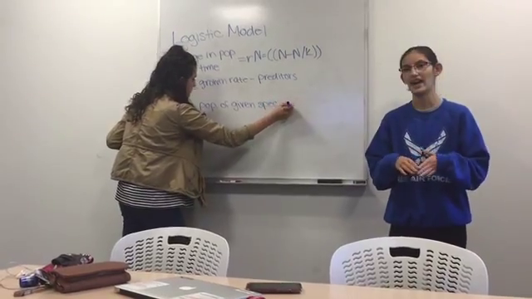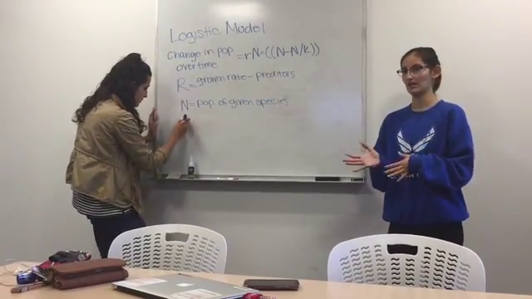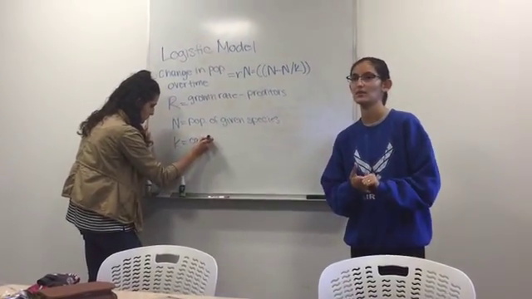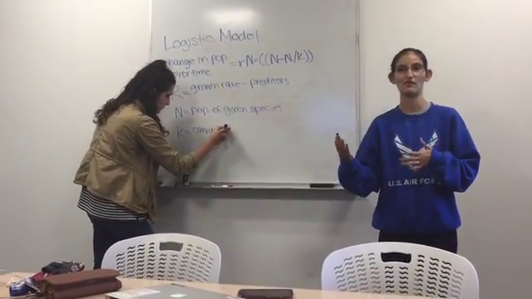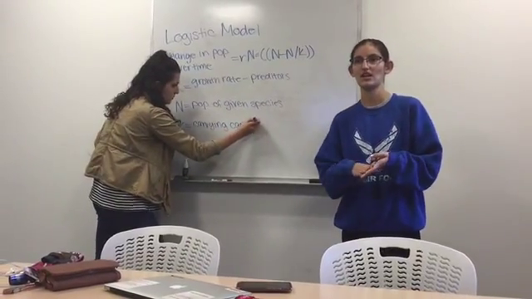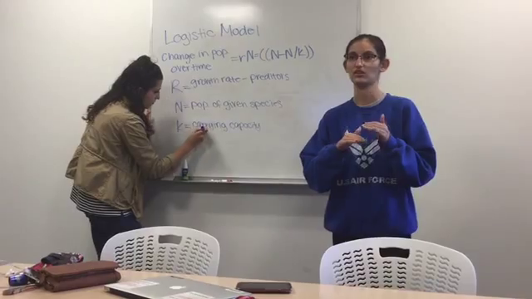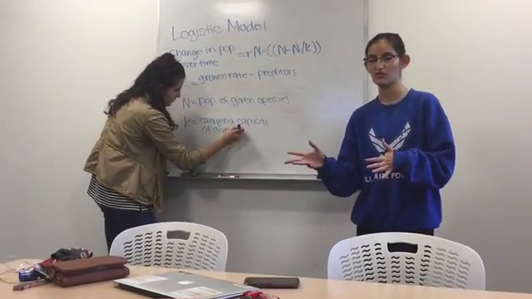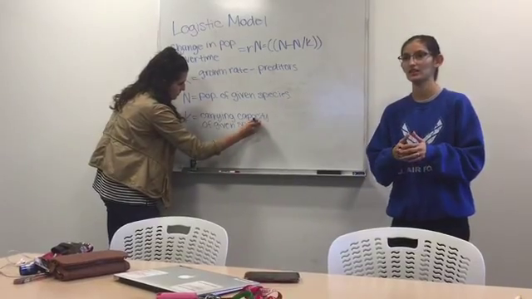And then K will be our carrying capacity for the species in the given environment. So that is however many rabbits, say, you can have in this environment, and that will be your limit of rabbits for this population in the ecosystem.